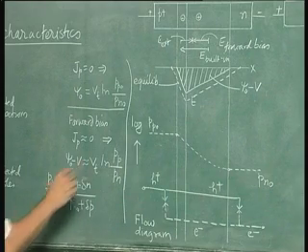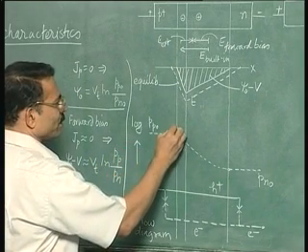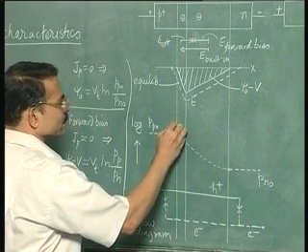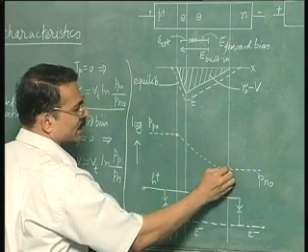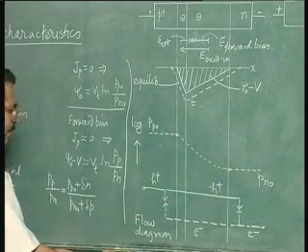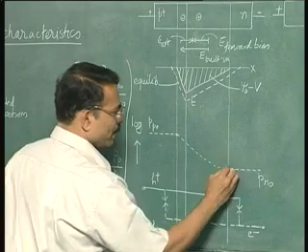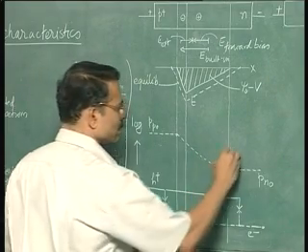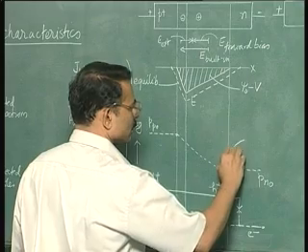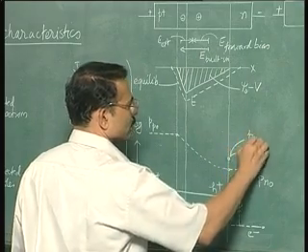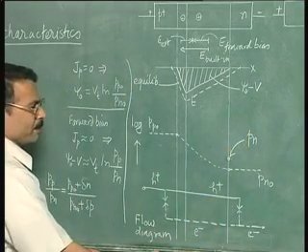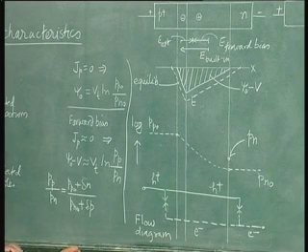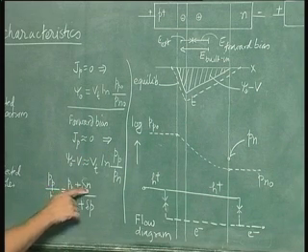So in other words, pp is the value of hole concentration here, and pn is the value of hole concentration at this edge. Let us show pn, so something like this at the depletion edge. Now what about pp? pp is pp0 plus delta n.